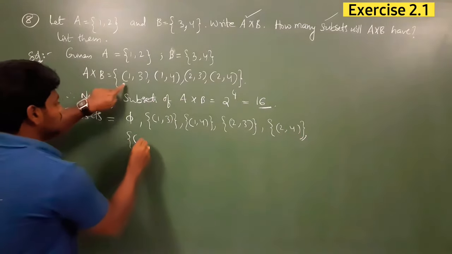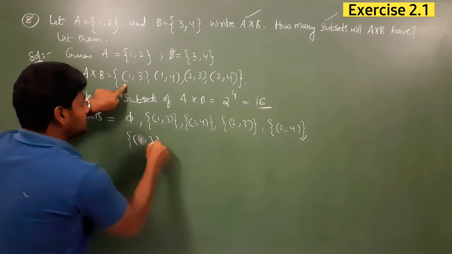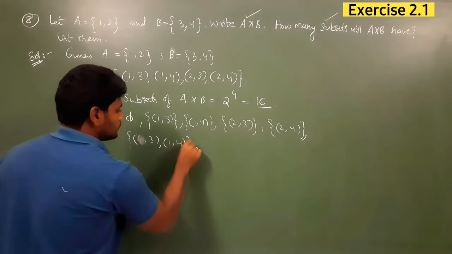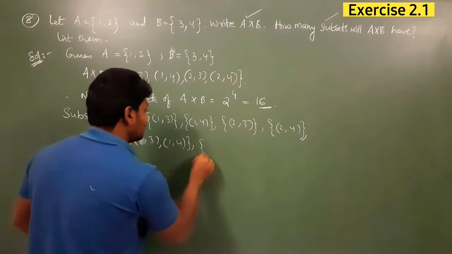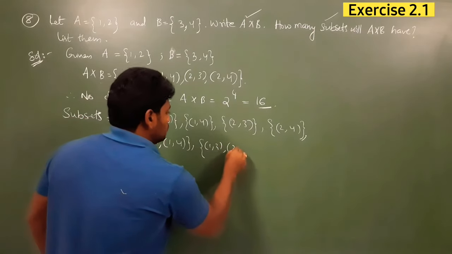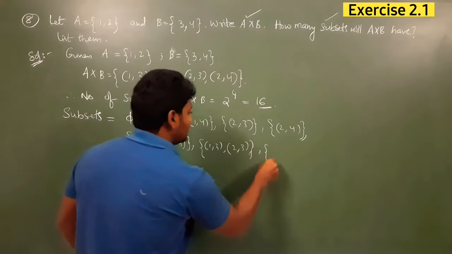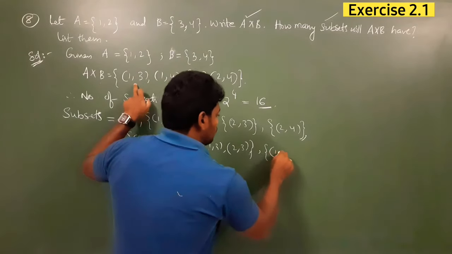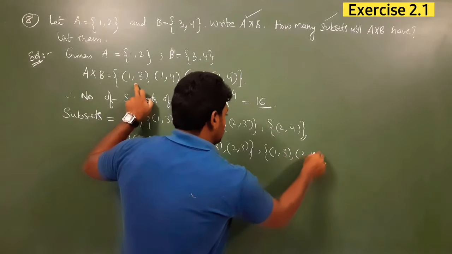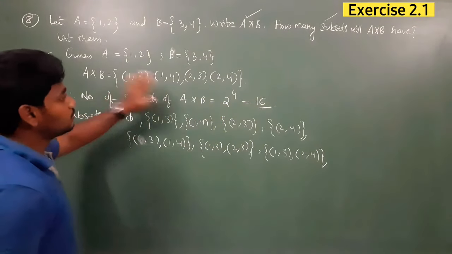Now {(1, 3), (1, 4)}, right? Again with (1, 3) combination, {(1, 3), (2, 3)}, right? Next again with (1, 3) combination, {(1, 3), (2, 4)}. Are you understanding? Next (1, 3) combination is over.